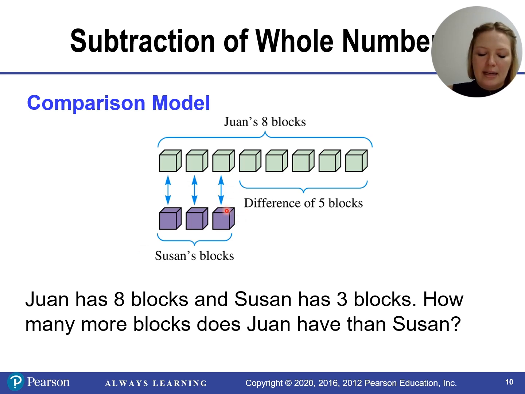Susan's blocks are 3, Juan has 5 more. Similarly, we could phrase this question as how many fewer blocks does Susan have than Juan? It would be 5 fewer. So this is a comparison problem for the equation 8 minus 3 equals 5.